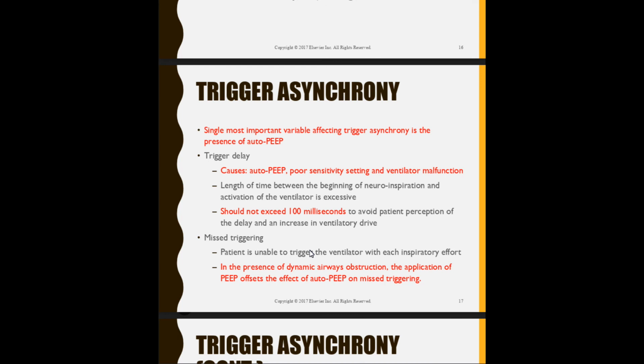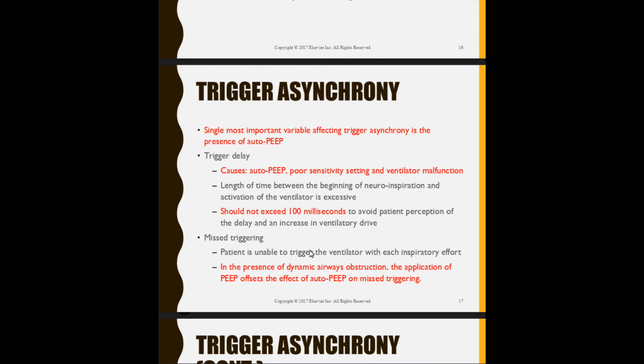Mistriggering. Sometimes the machine just doesn't deliver the breath. It says the patient is unable to trigger the ventilator with each inspiratory effort. In the presence of dynamic airways obstruction, the application of PEEP offsets the effect of Auto-Peep on missed triggering. So let's think about this.